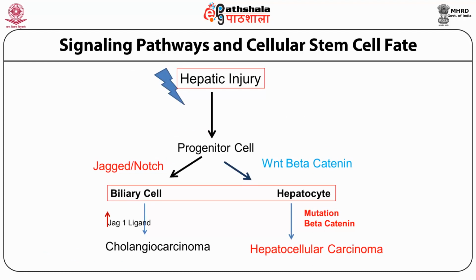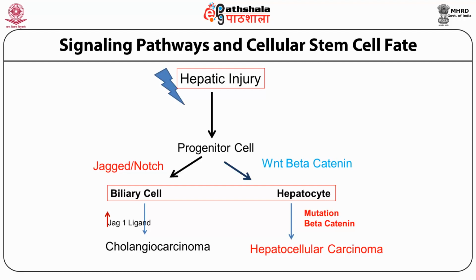Continuing with the signaling pathways, let's understand how the signaling pathways dictate different cellular fates. Here is an example of hepatic injury and how the cell fate can be dictated towards a biliary cell type or a hepatocyte depending on the signal pathway activated.